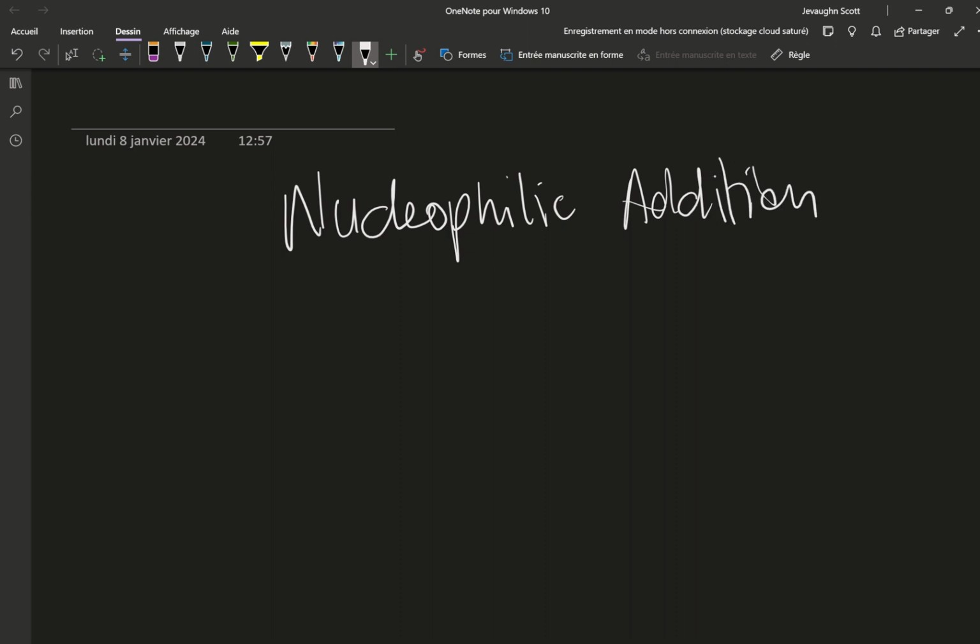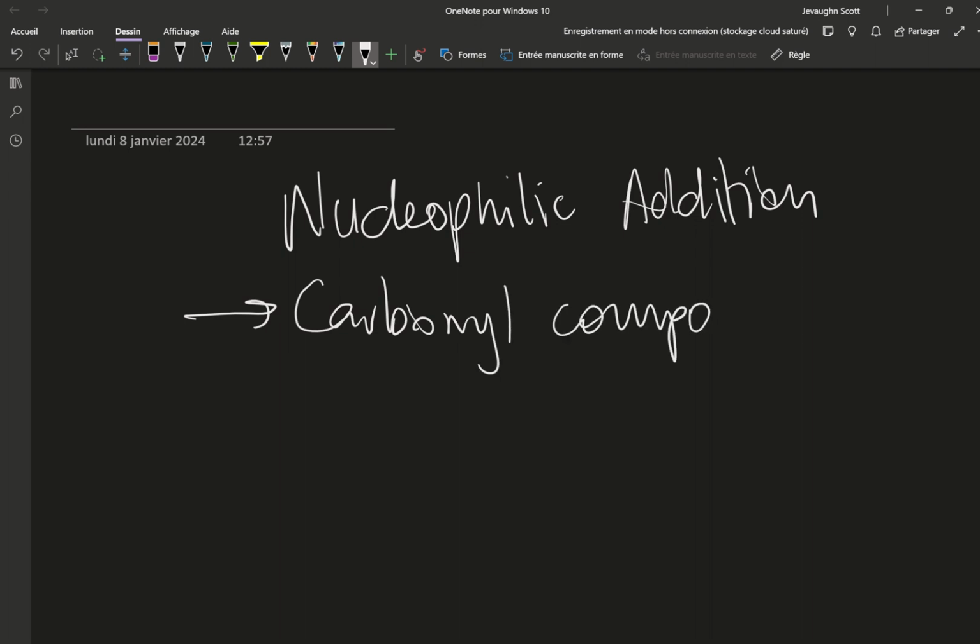And within the CAPE syllabus, what we generally look at under these reactions are the reactions of the carbonyl compounds. And we generally look at it through the cyanide ion. So let's just have a brief look at how this mechanism occurs.